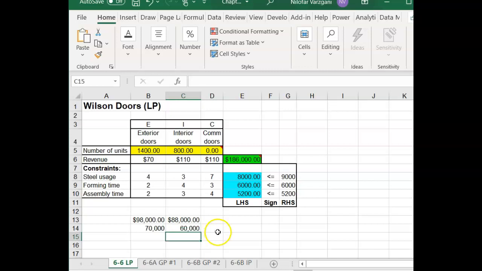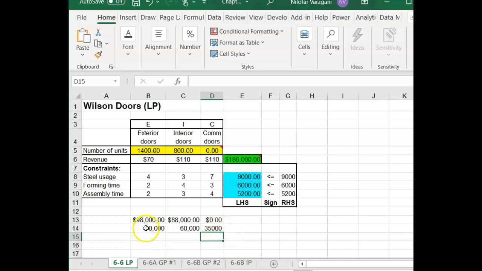And then finally, the fourth goal is to have commercial door sales of at least 35,000. We know that currently the LP solution is telling him to produce 0 sales from commercial doors, but the goal that he sets for himself is 35,000, just so that the salesmen for commercial doors don't have to be fired.